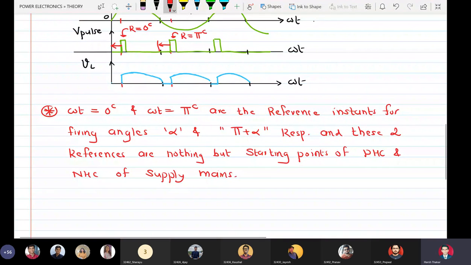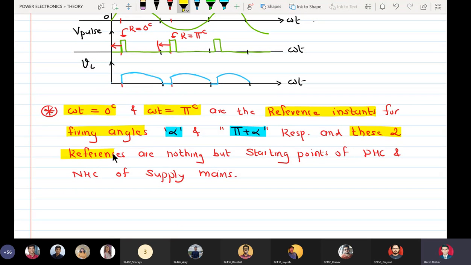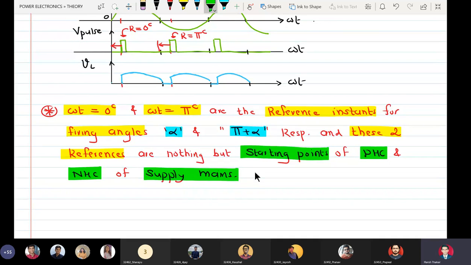Okay, so omega t equal to 0 radians and omega t equal to pi radians are the reference instants for firing angles alpha and pi plus alpha respectively, and these two references are nothing but starting points of positive half cycle and negative half cycle of supply mains.